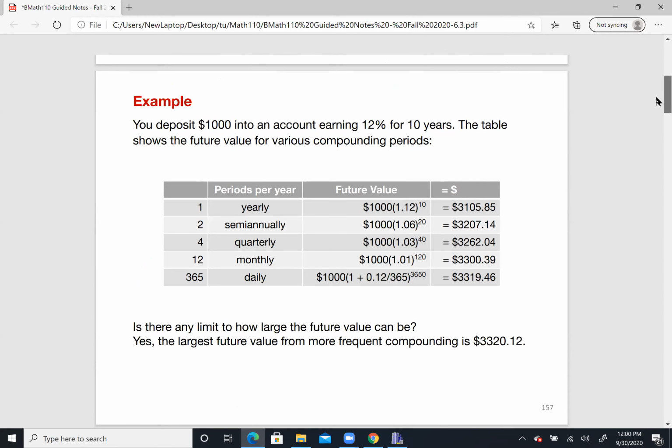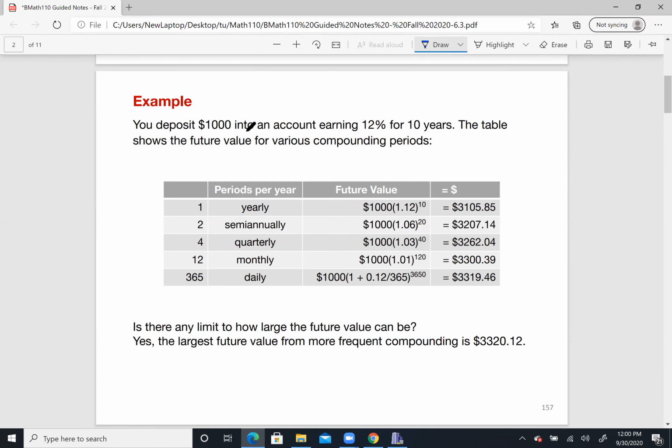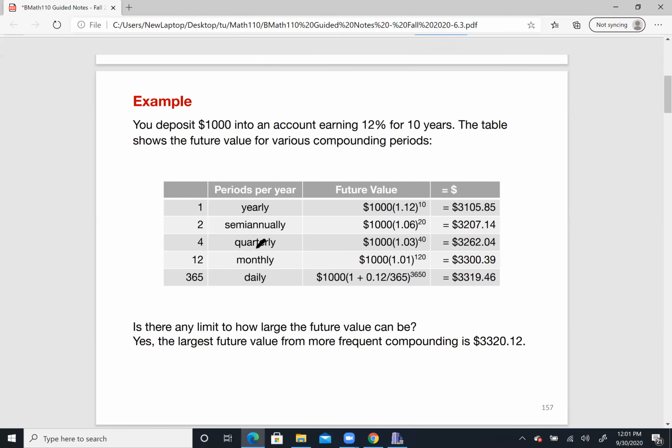Here is an example. If you deposit $1,000 into an account earning 12% for 10 years, the table shows the future value for various compounding periods. This problem is talking about compound interest, right? And there are some options for us to see.